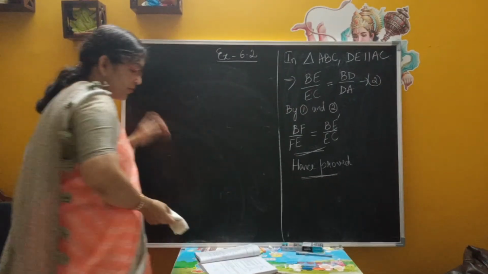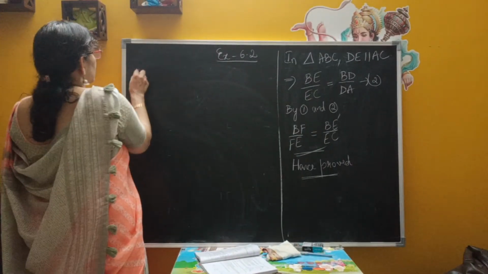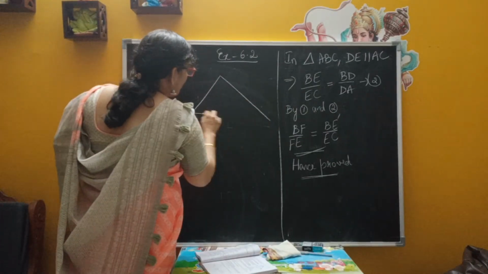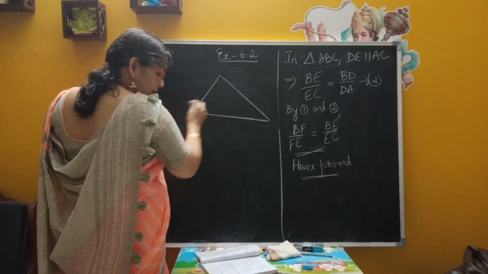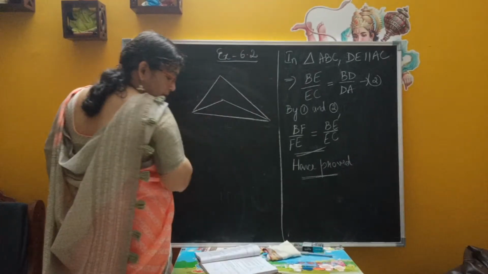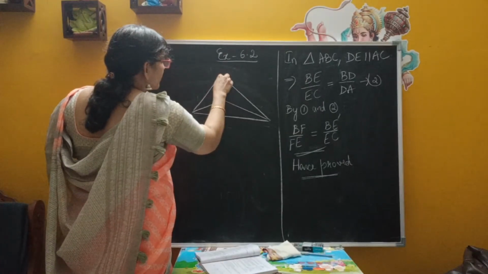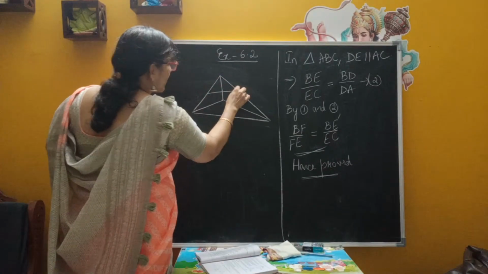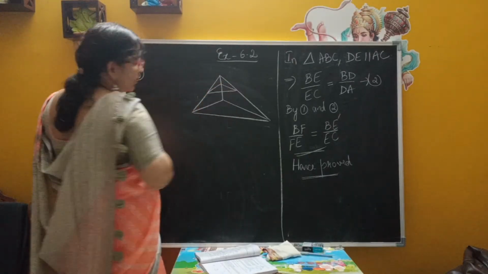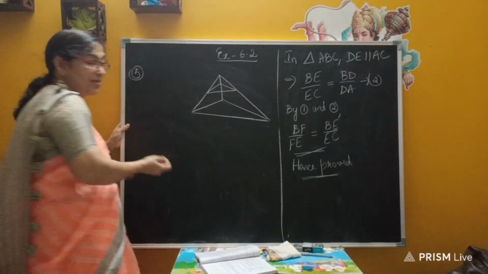There is no difference. So fifth problem, diagram is given. It is a triangle, and here there is a point. Okay, and there is a parallel line. Okay, this is the figure. Looking at the figure it seems very difficult, but this sum is actually very easy.